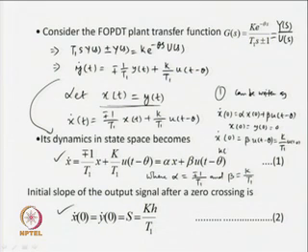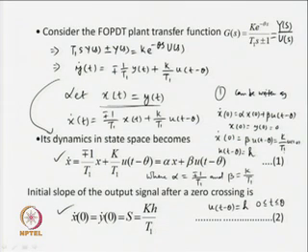Now, u t minus theta will have two values, either plus h or minus h, depending on the time range. For us, u t minus theta is equal to h, because we know that the input to the system is h for the time range 0 is less than equal to t is less than equal to theta.